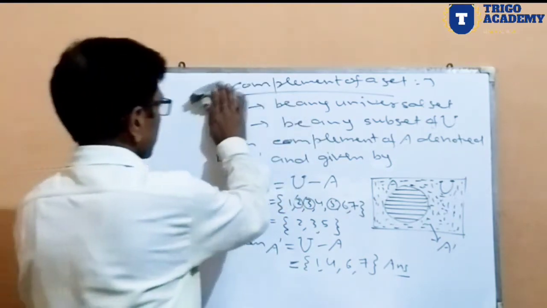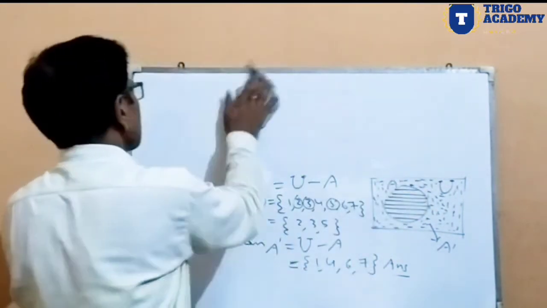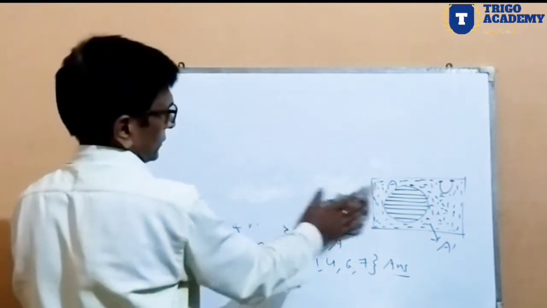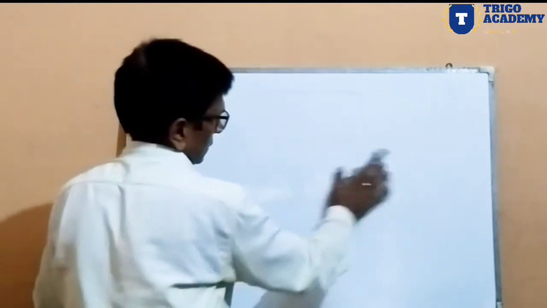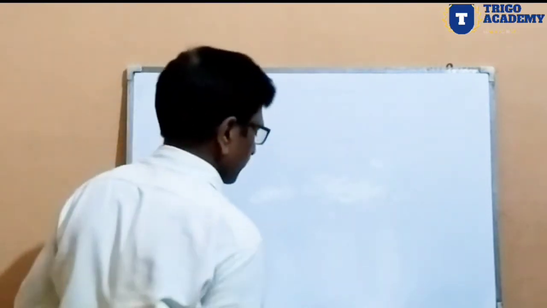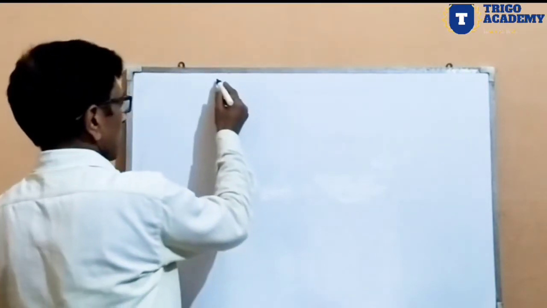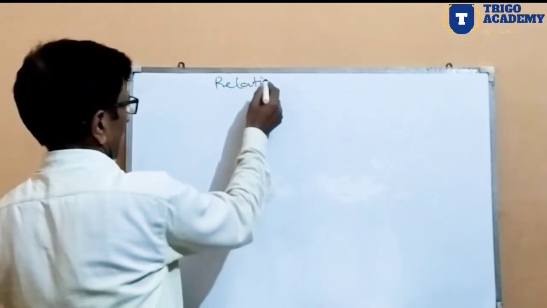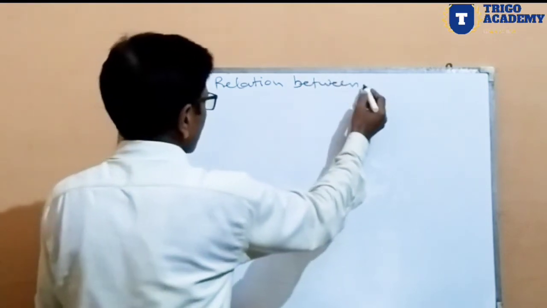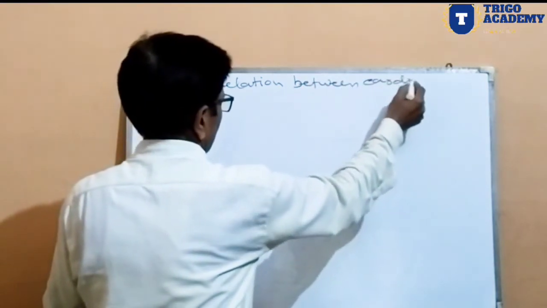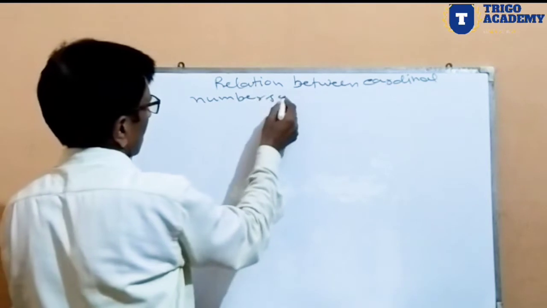Now the relation between cardinal numbers of sets, or order of sets. Cardinal number and order of a set are the same.